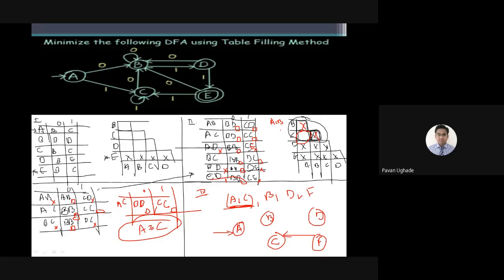So A over 0, A over 1, B over 0, B over 1, C over 0, C over 1, D over 0, D over 1, this is E over 0, and E over 1.